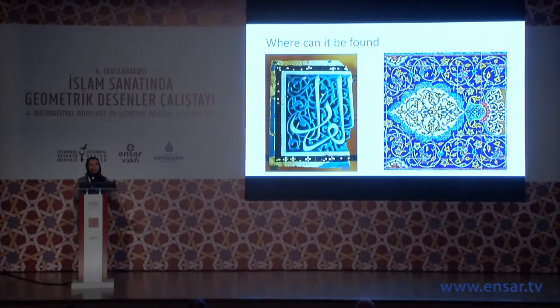I brought you some examples, and most of them, as I mentioned, are architectural uses, but I will give you other examples as well. The first one on the right-hand side is a calligraphy inscription panel, and you can see the movement of the Arabesque design all over the panel.